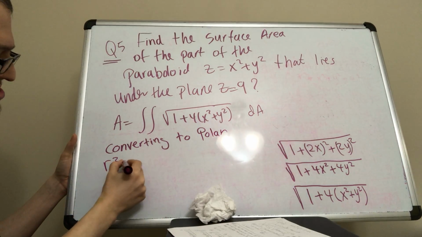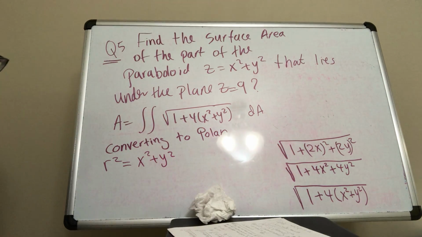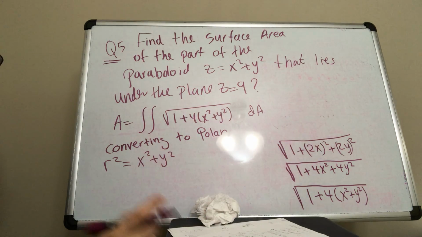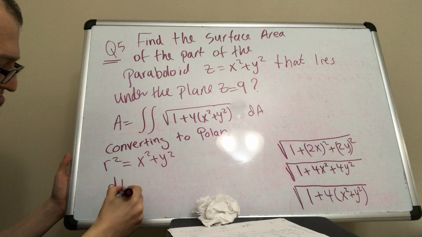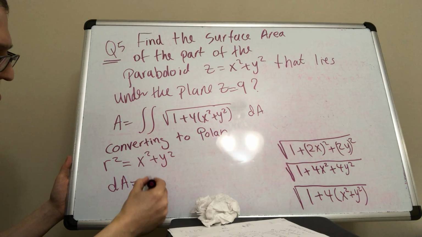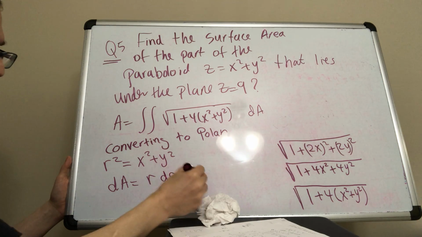So r squared is x squared plus y squared. And dA, when you switch to polar, would be r dr d theta.